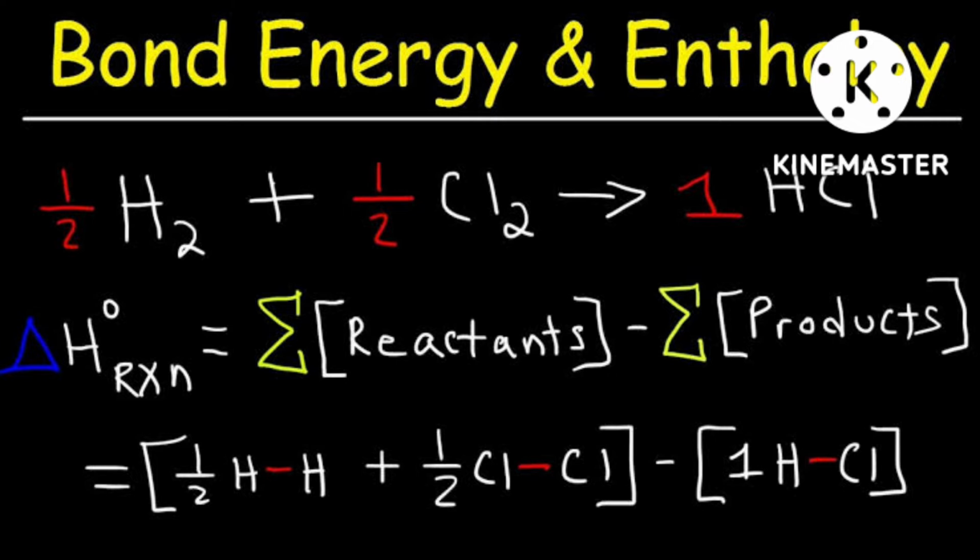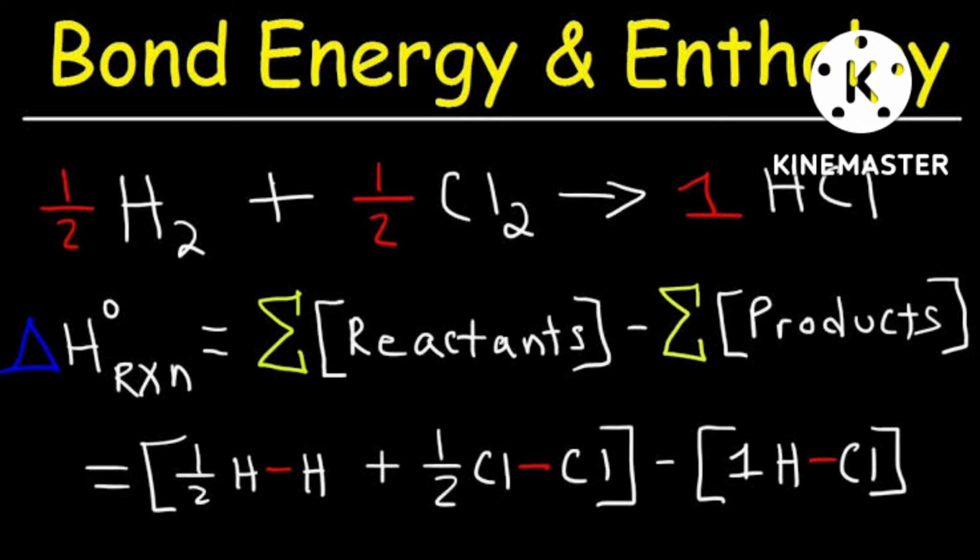Now I am going to tell you about a very important concept, bond enthalpy. The symbol is delta bond H, with a small letter for bond and capital H. Then what is the bond enthalpy?